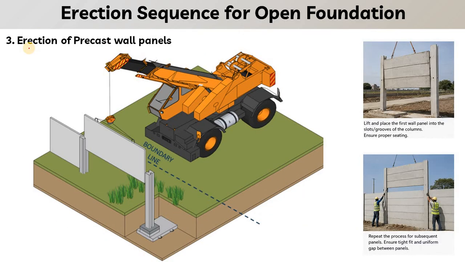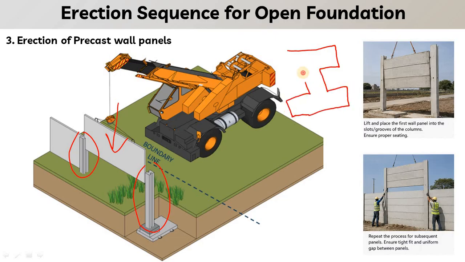Coming on to step number 3, erection of precast wall panel. Similarly, as we discussed in the pile foundation, after the erection of the column with footing, we will slide our panel between the columns with the grooves. Basically the column will be like this.